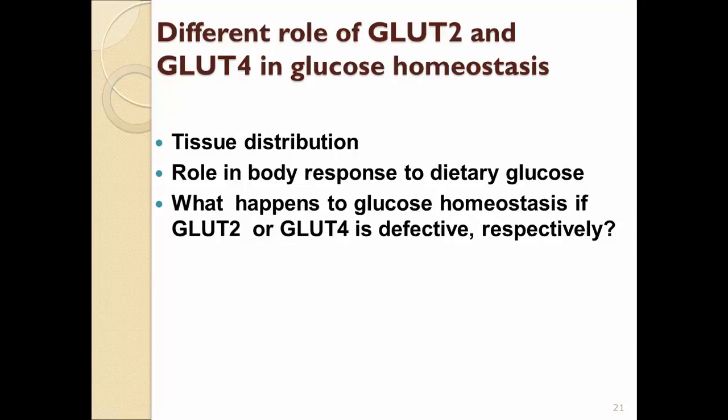And also, insulin secretion in the beta cell requires glucose uptake, right? So if GLUT2 is not functioning well, then glucose cannot be taken up into the beta cell and cannot efficiently stimulate insulin. So the insulin level will also go low.